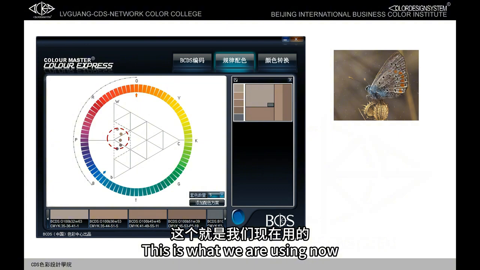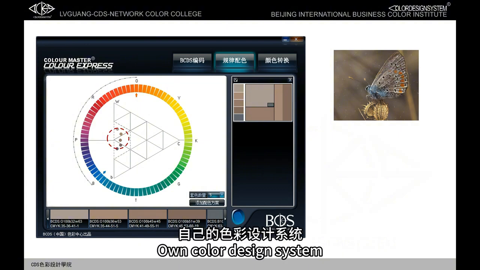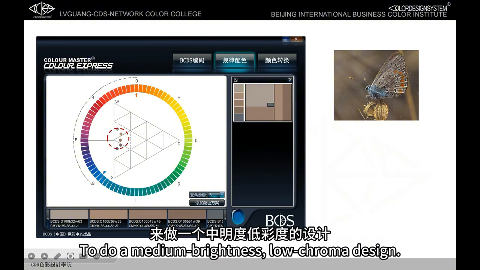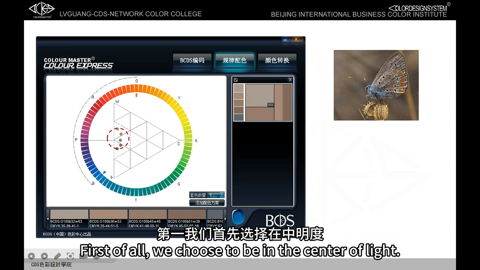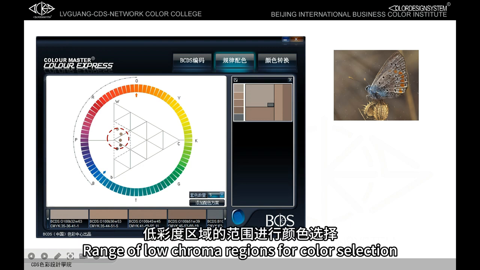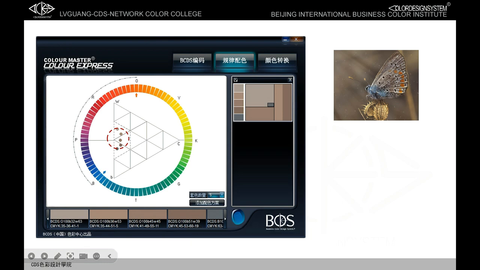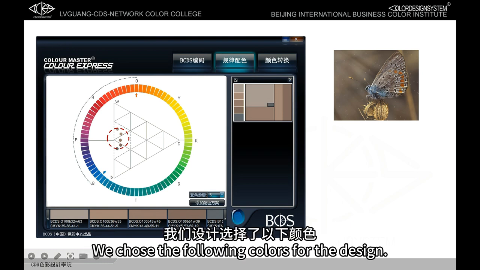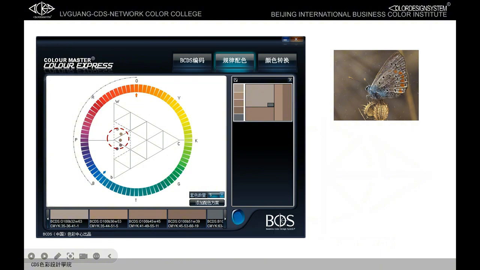This is what we are using now: our own color design system to do a medium brightness, low chroma design. First of all, we choose to be in the center of light, in the range of low chroma regions for color selection. We chose the following colors for the design.